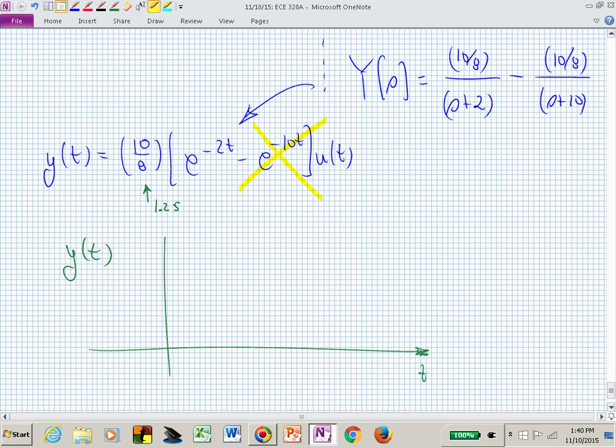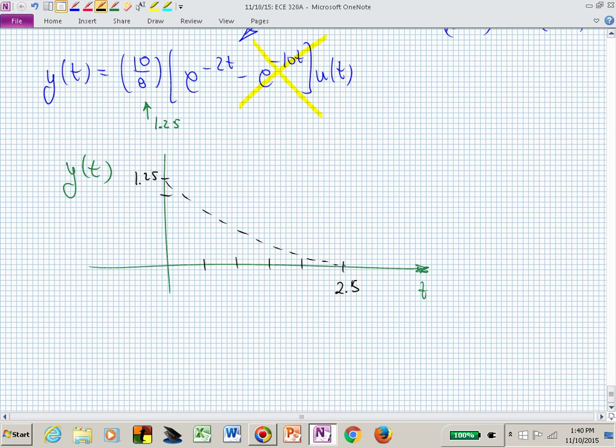Could you sketch that? You would know that you're starting up here, let's say at 1.25, and where do you finish? At 2.5. So that now you could say, oh, if I neglected that piece at minus e to the minus 10t, this is what I would see. But what does the e to the minus 10t look like?